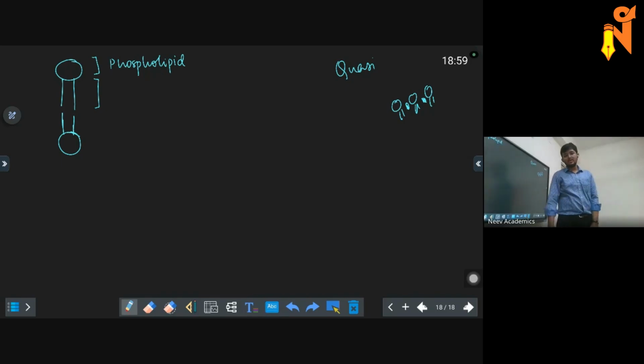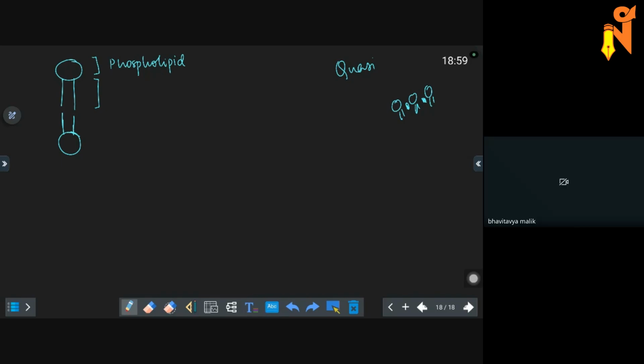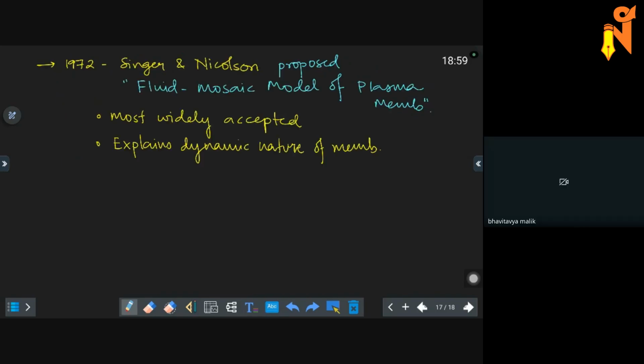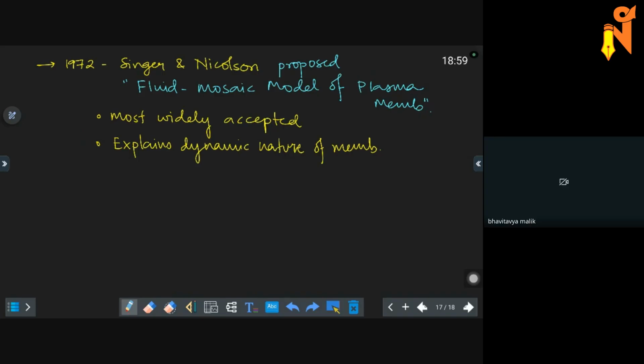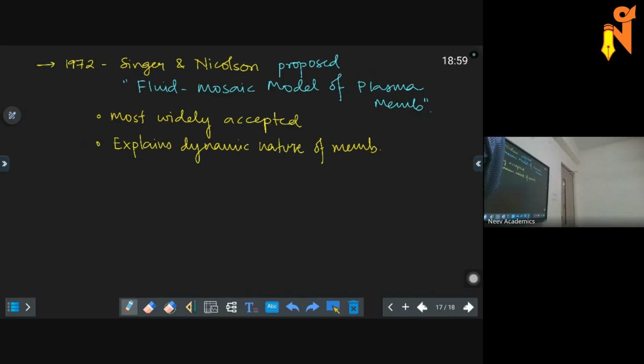Question: how does cholesterol make the membrane stable? It holds the lipid molecules so that the lipids won't separate or crystallize.